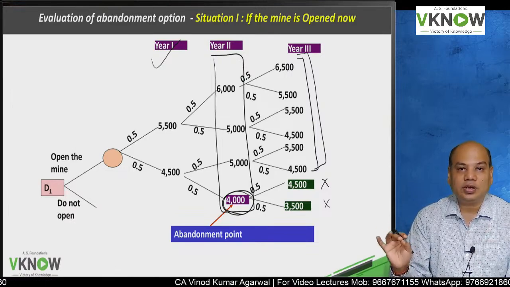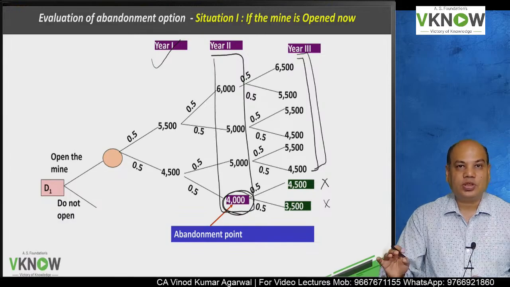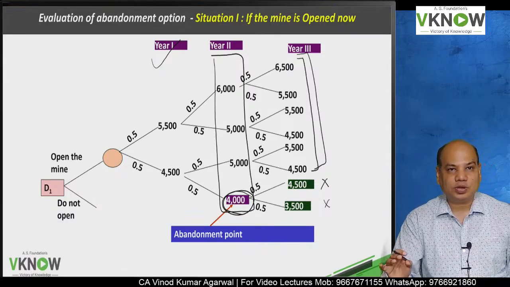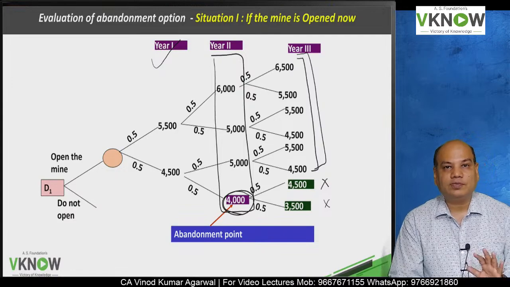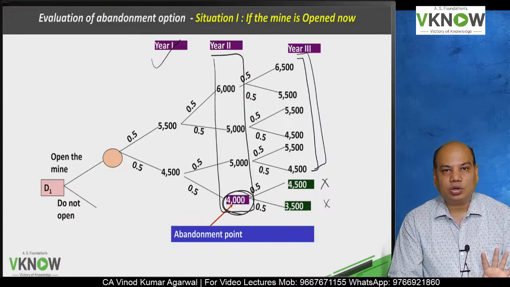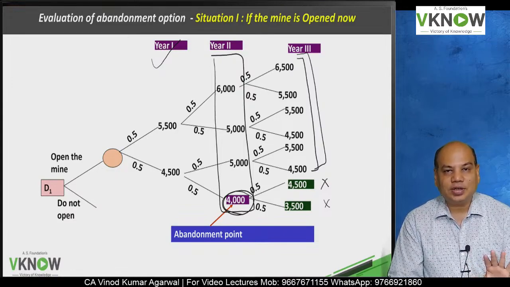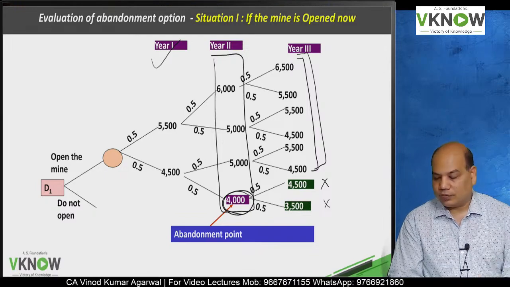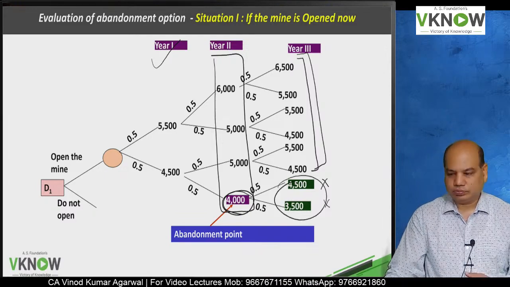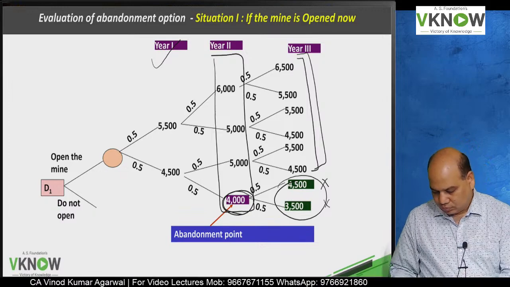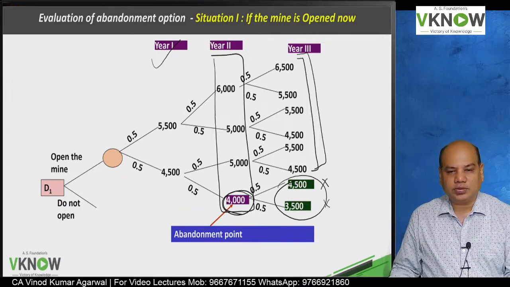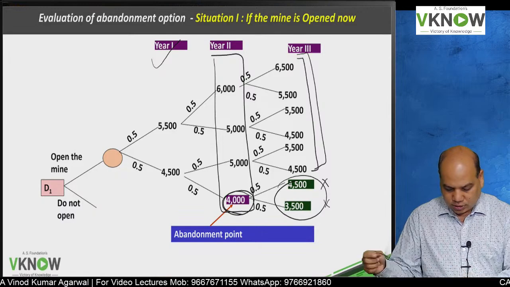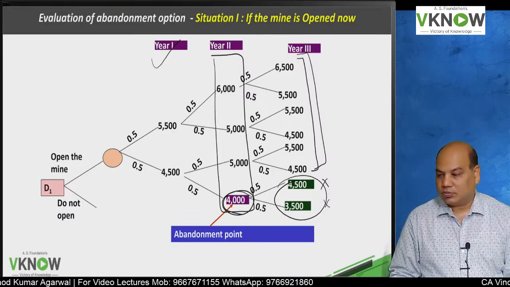So my year 3 cash flow, which earlier we considered 4 lakh rupees, will be more than 4 lakh, because the losses which we considered in the original question for these two situations can be avoided. Is it right?